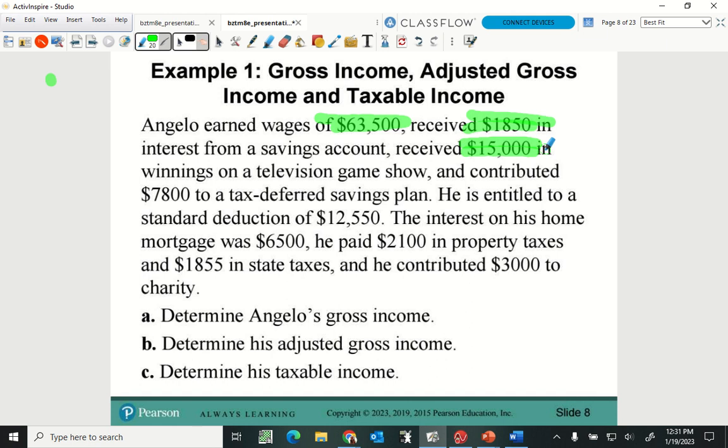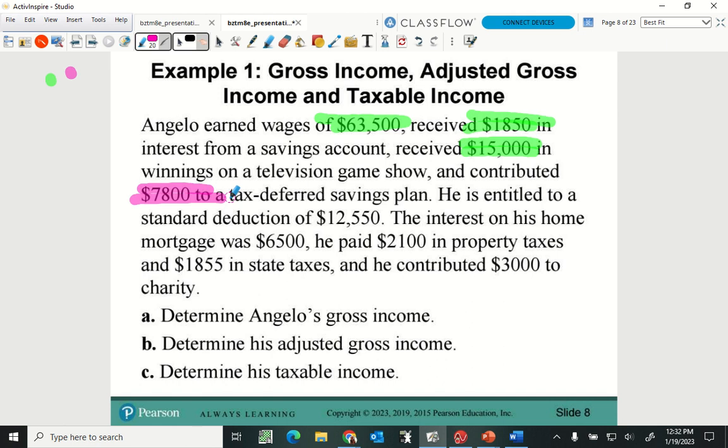So this next thing: contributed $7,800 to a tax-deferred savings plan. What category should that one be in? Deductions? Not deductions. It's an adjustment, because he's going to pay taxes on it later. Adjustments are things that he pays on later.